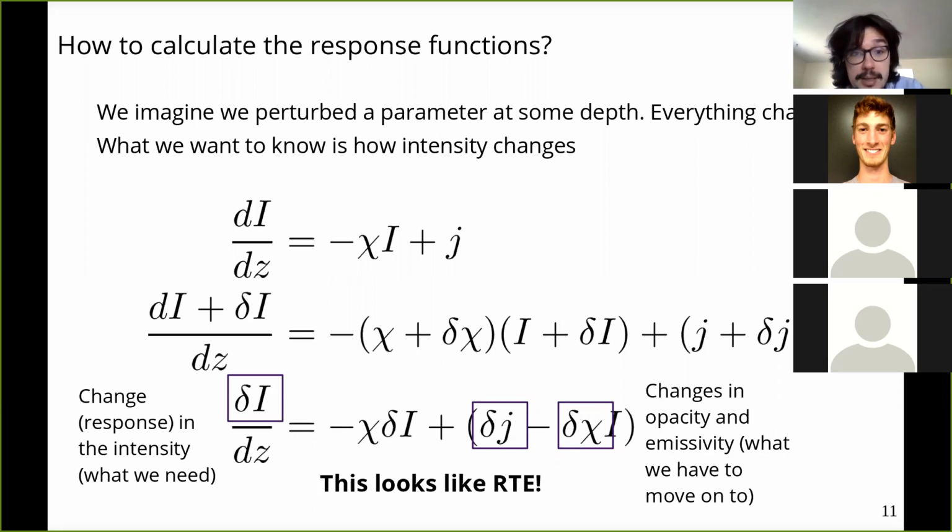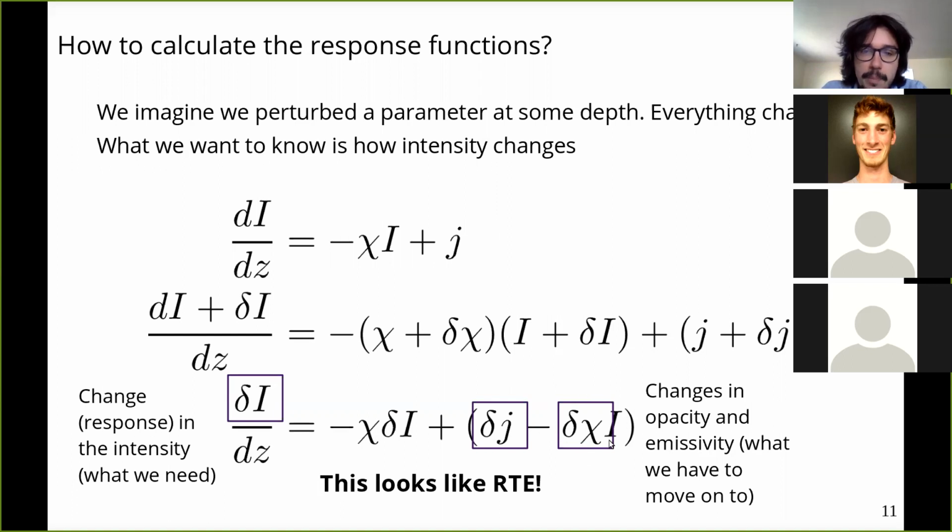And then you subtract these two equations, you're going to see that the perturbation of the intensity follows its own radiative transfer equation, which has the same opacity, chi, and it has a modified emissivity, which depends on the perturbation of the emissivity minus the perturbation of the opacity times the intensity.